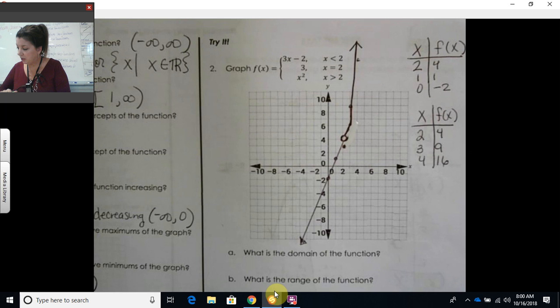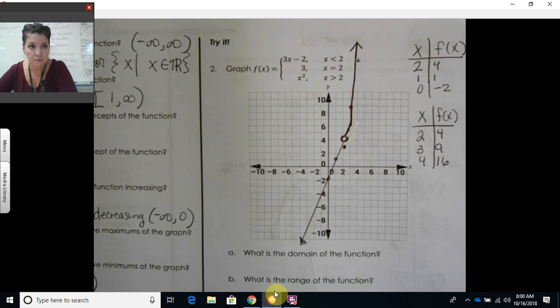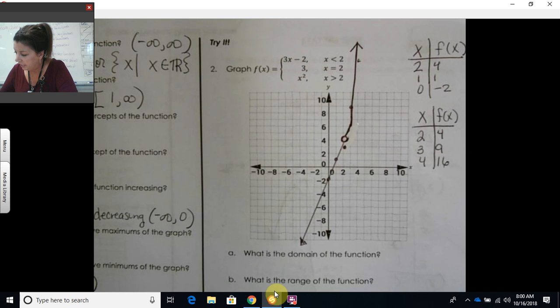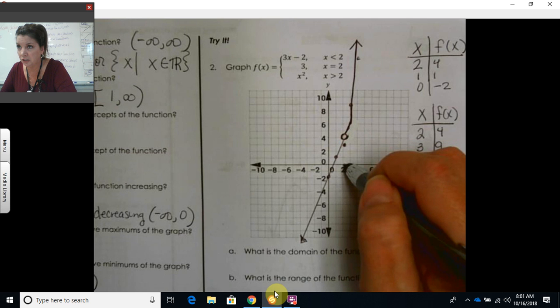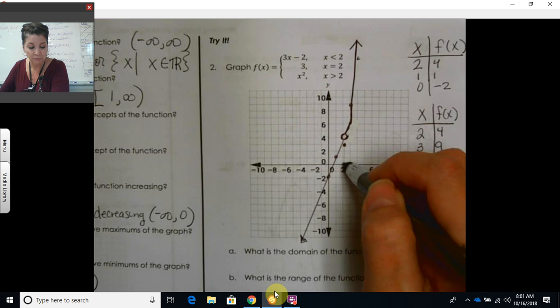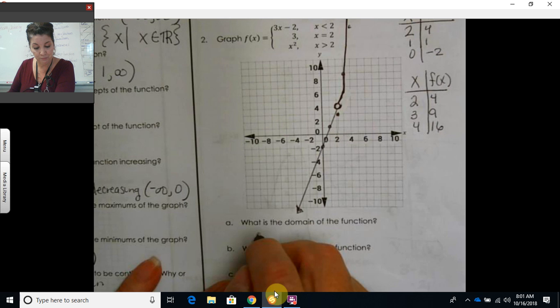Okay, what is the domain of the function? All real numbers. There's no x value that you will not find some ordered pair on the graph, even when x is 2, because if we did not have this ordered pair here, it would be all real numbers except for 2. But because we had this extra little ordered pair down here and it does have an x value of 2, it is all real numbers.